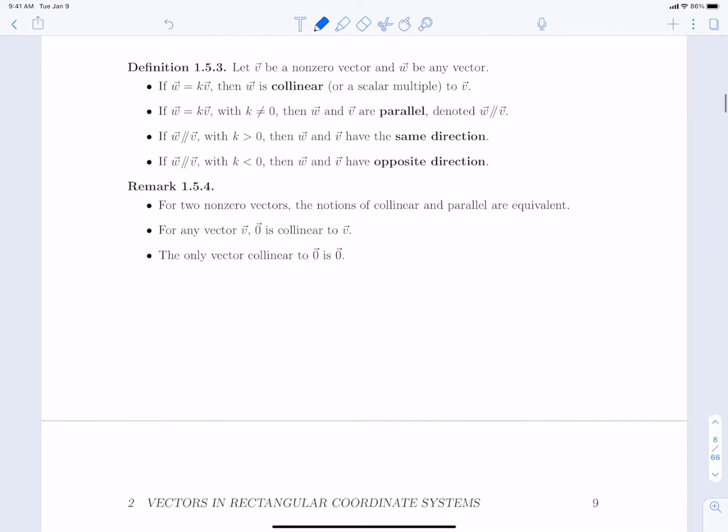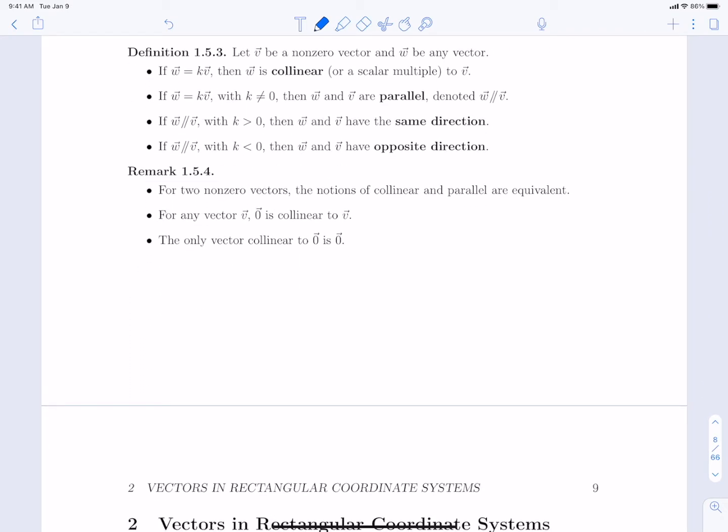But after that little digression, let's just take a moment to discuss a few things that we can find out about vectors with their scalar multiple. So one thing is that if one vector is a scalar multiple of another, then we would call them collinear. But this also means that as long as our scalar multiple is not 0, they're parallel.